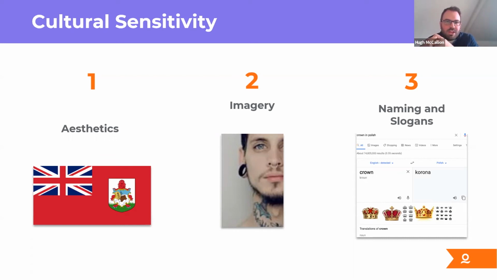The second one is around imagery, slightly different. This example relates to Mexico. There's nothing you can do more to turn off a potential Mexican customer than include someone who's got a lot of piercings on them. That's seen as definitely a negative connotation in Mexico.